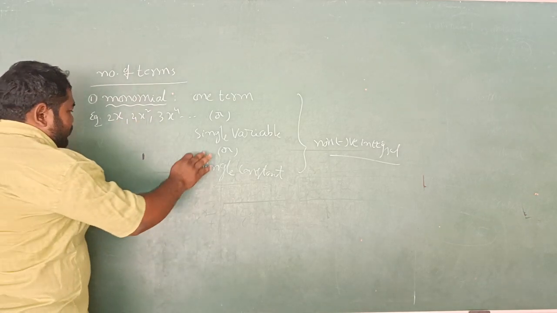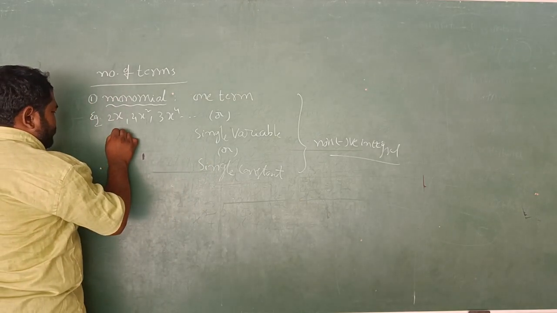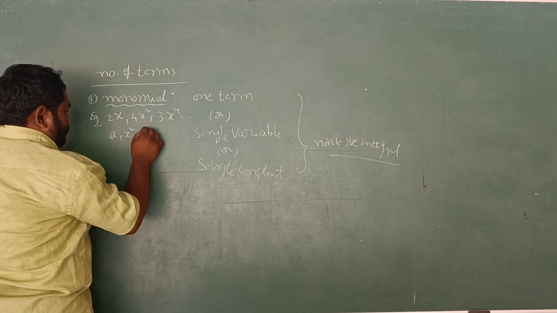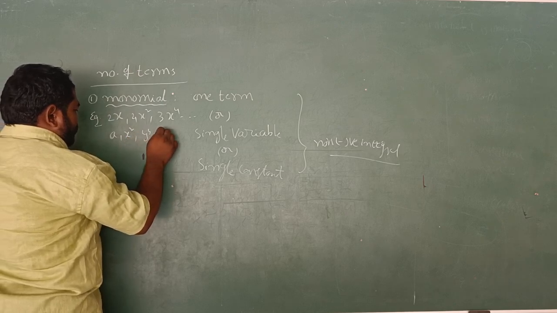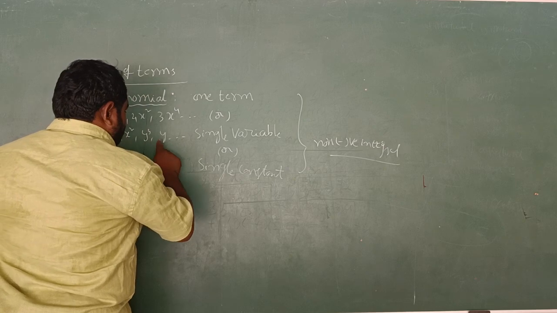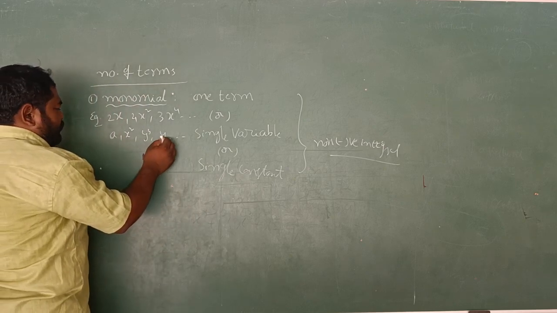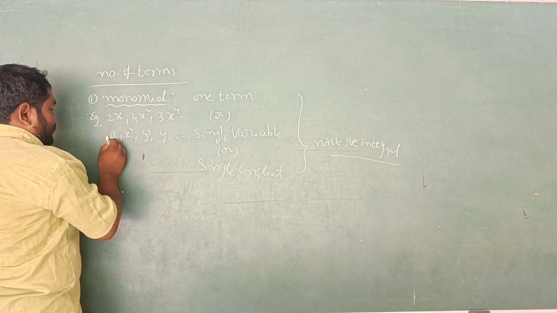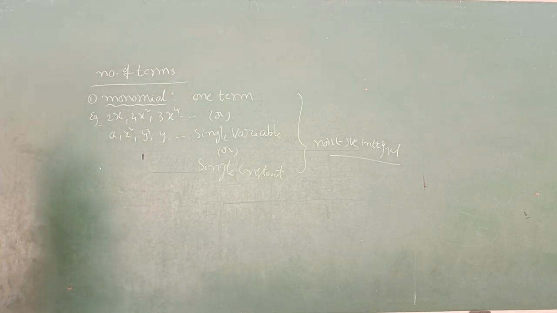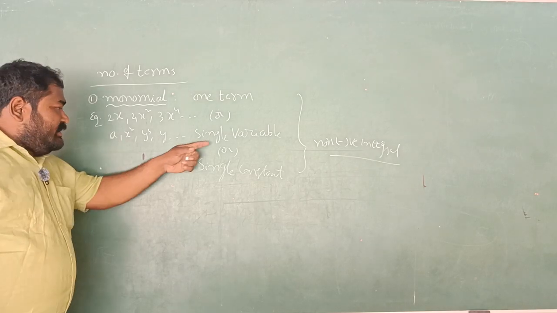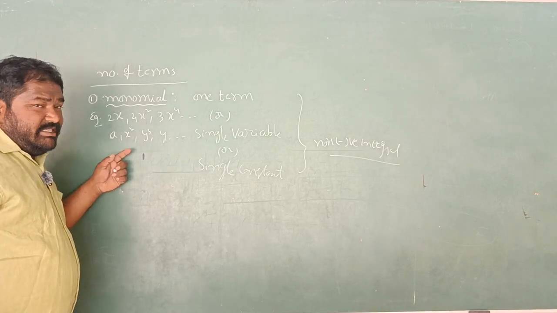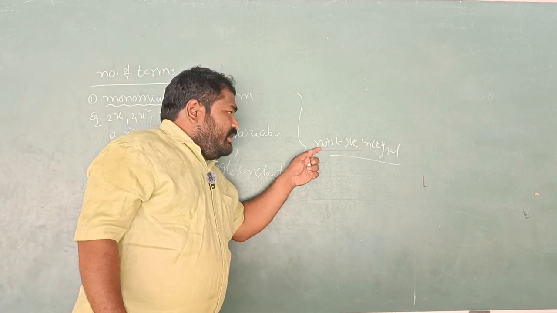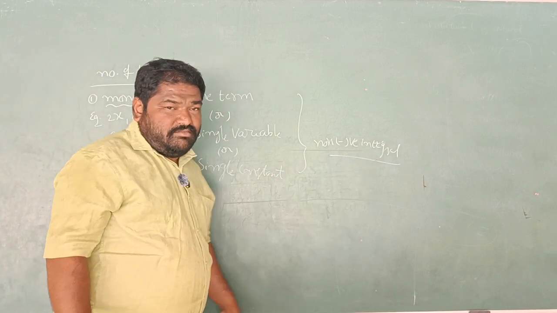Single variable means a, or x square, or y cube, or y, and so on. This means 1 into y cube, 1 into x square, 1 into a. Therefore, these are single variable examples. A single variable is called a monomial, but the variable has non-negative integral power.